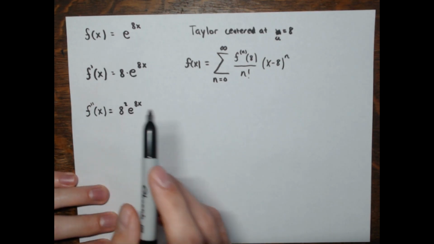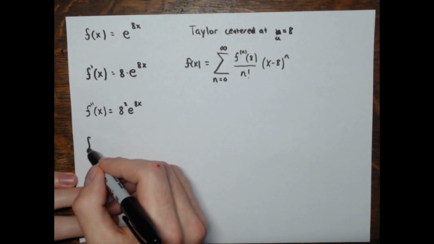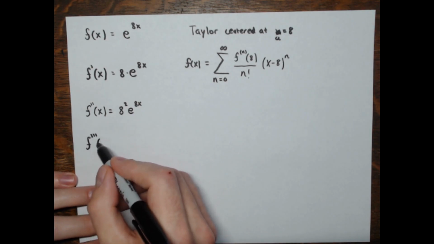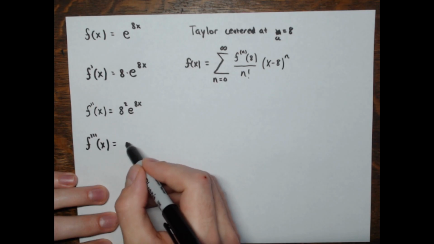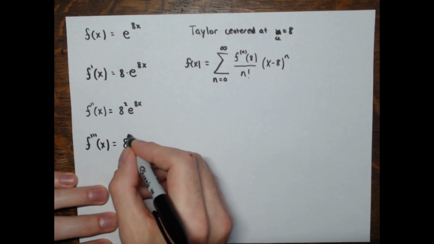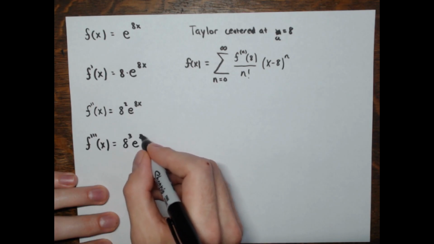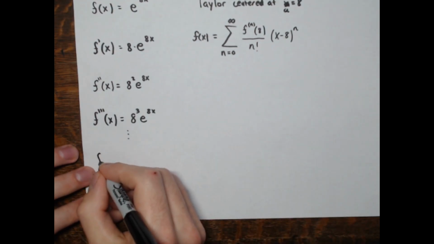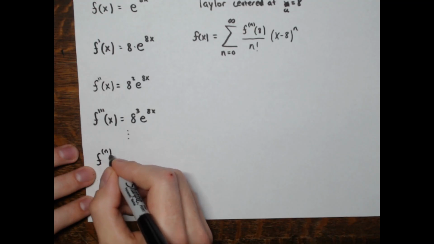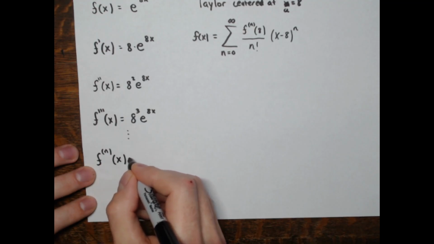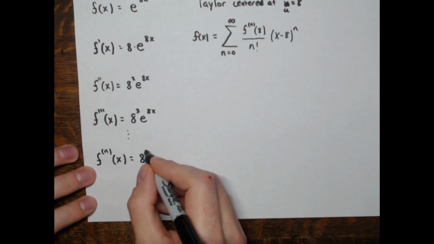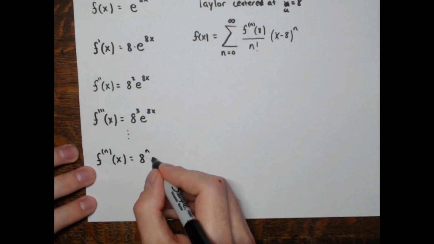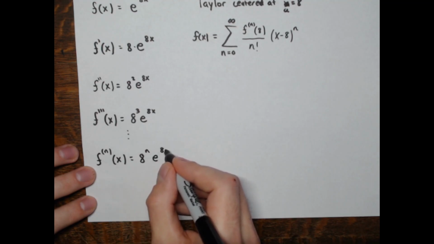I'm going to leave it that way for a reason. The third derivative would be 8 cubed times e to the 8x. So I'm hoping to see that the general nth derivative would just be 8 to the nth power times e to the 8x.